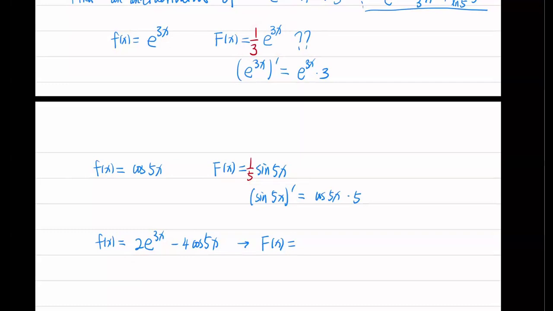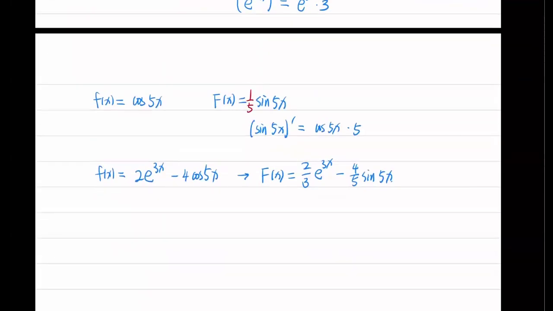Yes, that's correct. So 3x to equal 3x, cosine, sine 5x. I did something wrong, but you get the right answer.